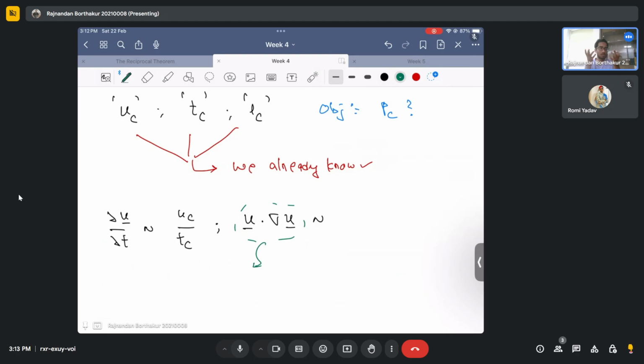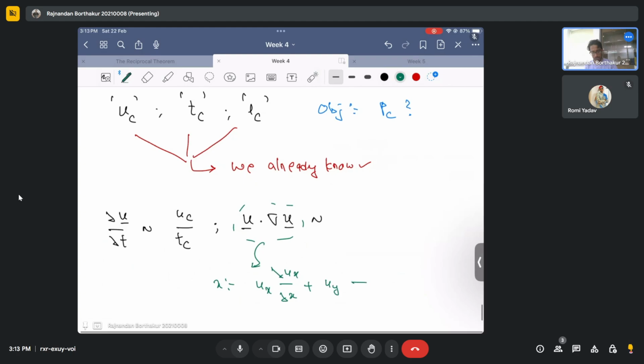this is a vector term, right? So it will have its own components. For instance, if I write the x momentum equation, this term would essentially look like ux ∂ux/∂x plus uy ∂ux/∂y, and let's say we are in a 2D domain only.